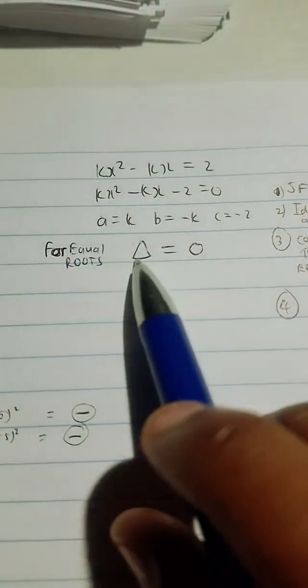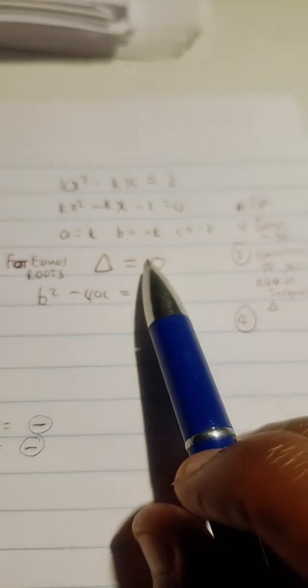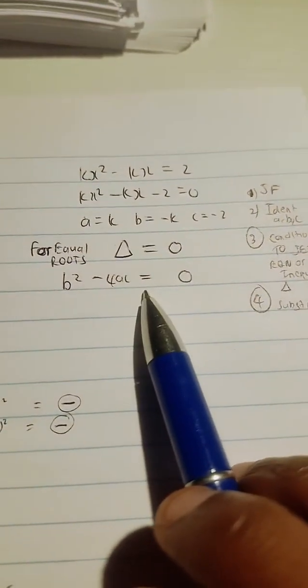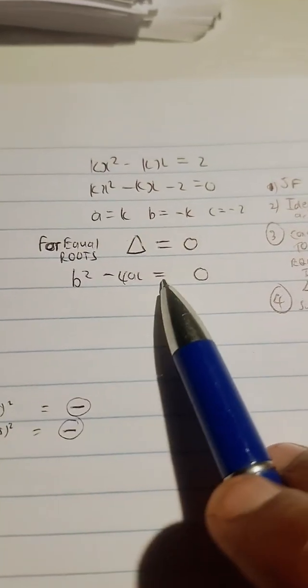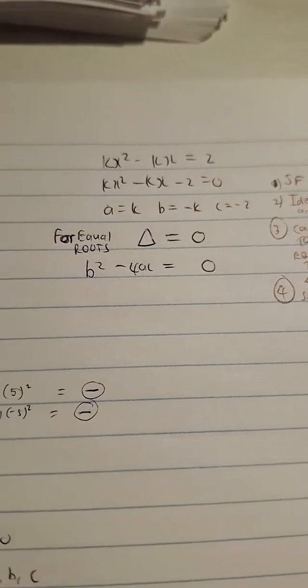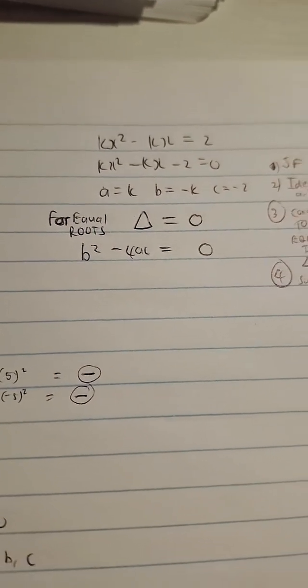Now, step 4, I'm sure now you know delta is b squared minus 4ac, so you are going to write b squared minus 4ac is equal to 0. Now for step 5, you can substitute, but you substitute understanding that whatever you substitute has to be equated to 0 because you are on your way to solving the equation.